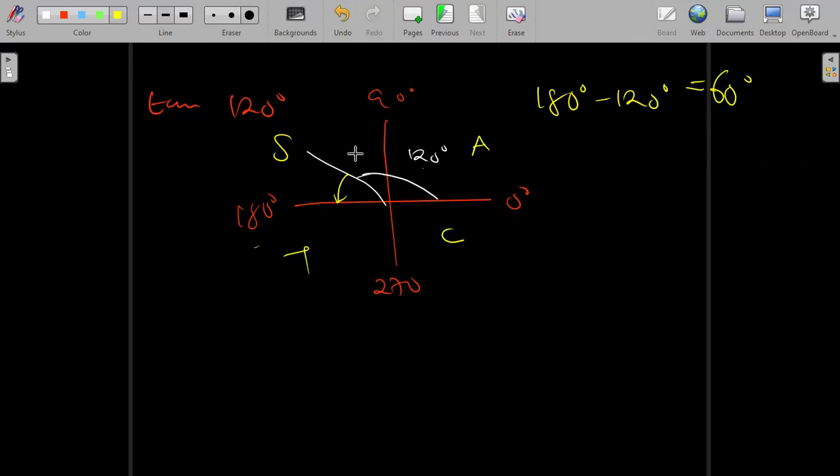It's in the second quadrant, where tan, which I'm looking for, is negative. So my tan 120 degrees is just going to be the negative of tan 60 degrees, which I know is root 3. So I get negative root of 3, and that's how I find my angle.